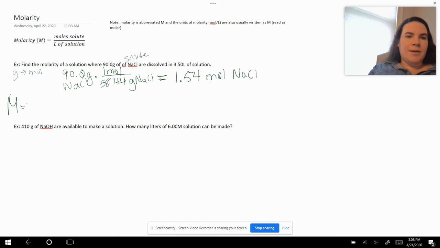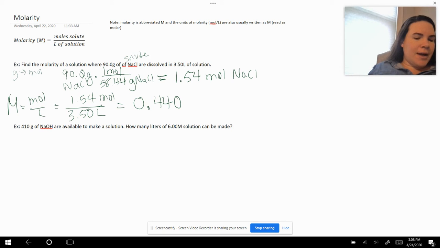So molarity equals moles over liters, 1.54 moles over 3.5. And again, keep that 0 for the sig figs. That will be 3 sig figs for our answer, which the calculator comes out as 0.44. Add that 0 at the end to get your third sig fig.